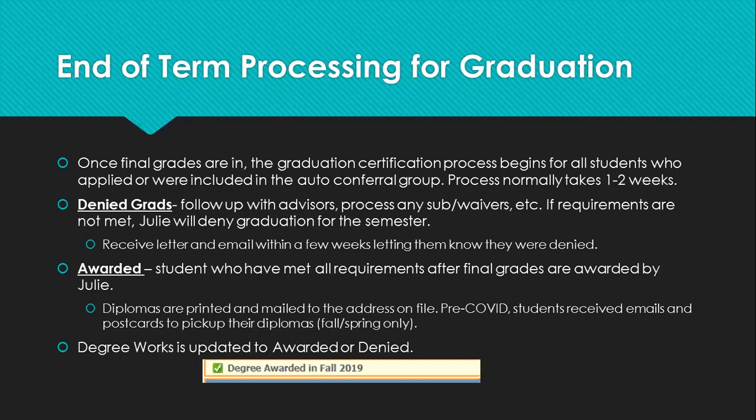So they have outstanding requirements that still need to be met after spring? Well, right. I don't know of any cases offhand, but I did see some last year that they were going to take like 1 class in the summer, so they got the degree conferred. But I was just wondering how much flexibility there is for that.